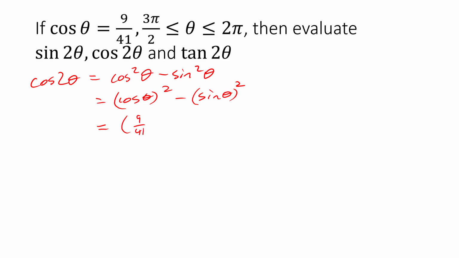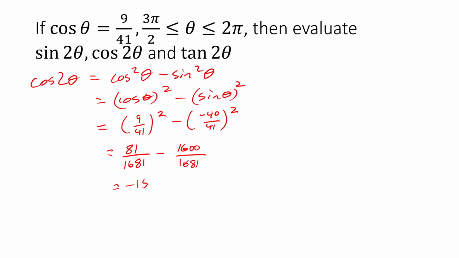So we have 9 over 41 quantity squared minus negative 40 over 41 quantity squared. Well, 9 over 41 quantity squared is 81 over 1,681, and negative 40 over 41 quantity squared is 1,600 over 1,681. And when you subtract, you get negative 1,519 over 1,681. We have a value for the cos of 2 theta.